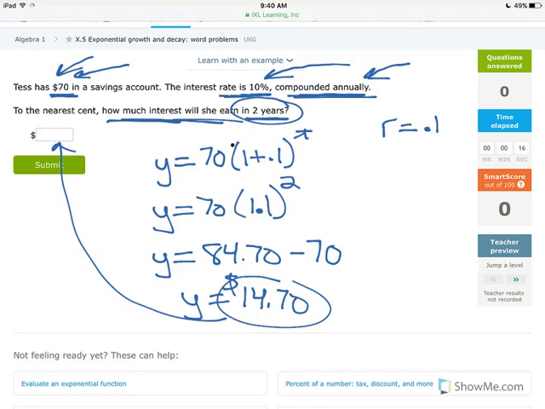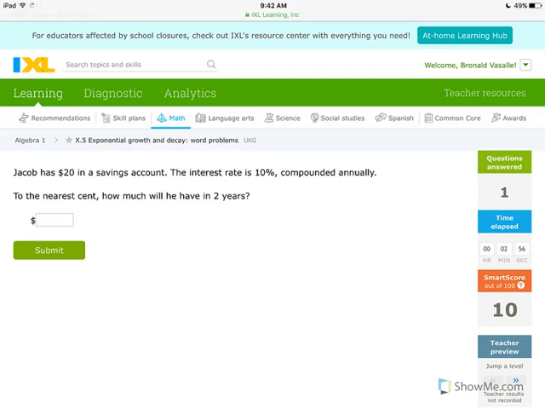And let's look at the next one. So Jacob has $20 in a savings account, so that's going to be his start value. The interest rate is 10% again, so R as a decimal will be 0.1. Compounded annually, to the nearest cent, how much will he have in 2 years?